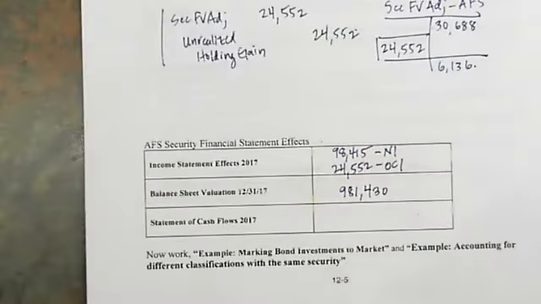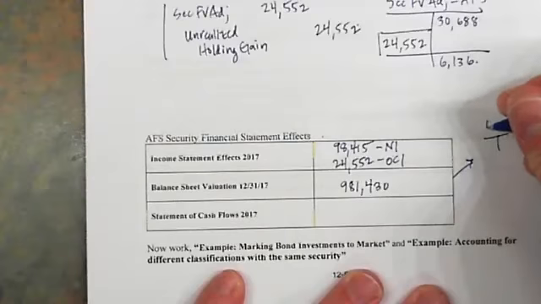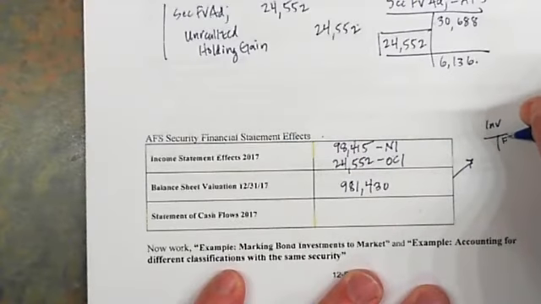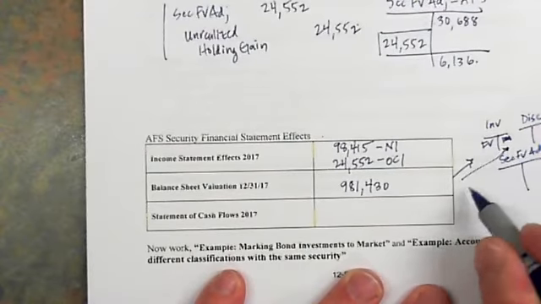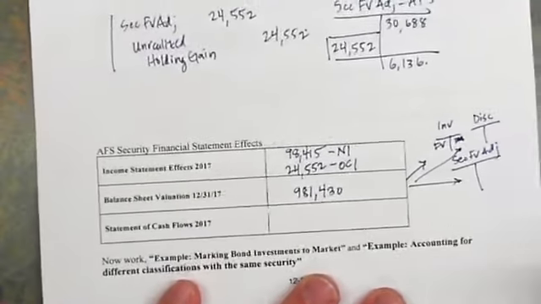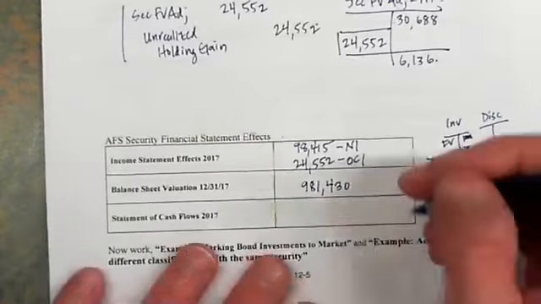Remember, now this is just a confluence of three T accounts. The investment T account, which is always at face value. The discount account, and the security fair value adjustment account. So the balance sheet value is made up of the algebraic sum of all three of those various accounts.